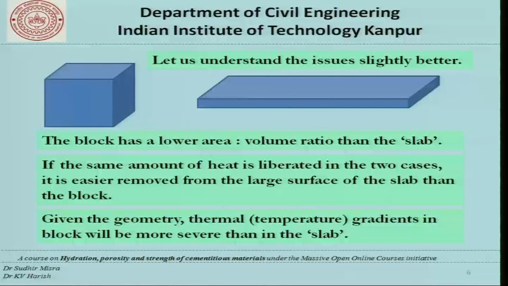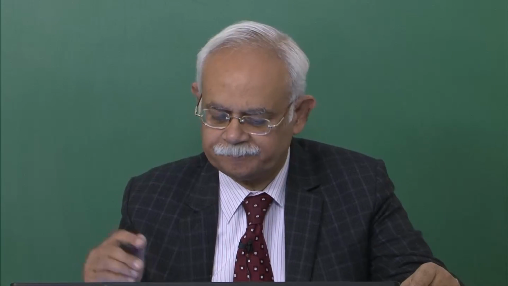Further, the distance here is much smaller than the distance here, and therefore the chances of a thermal gradient developing through the length of this slab are much smaller than the thermal gradients developing over this half length. So these are the kind of considerations which become important when we talk about temperature rises.